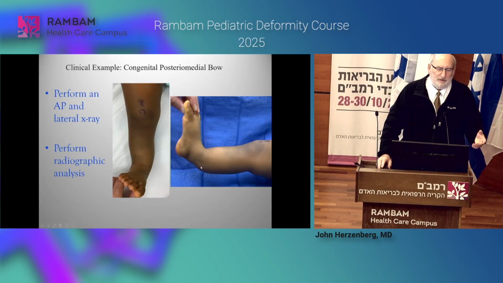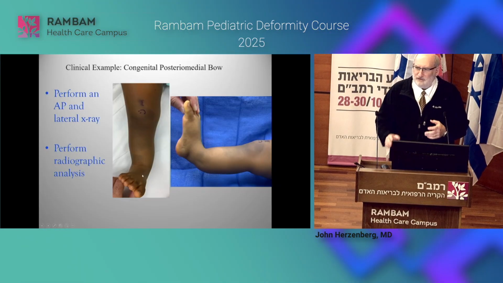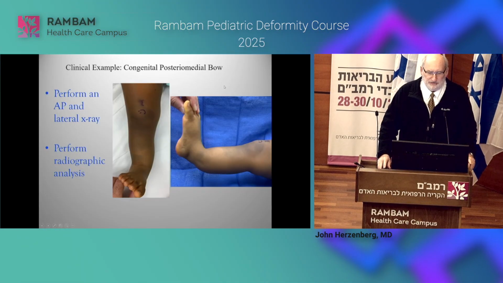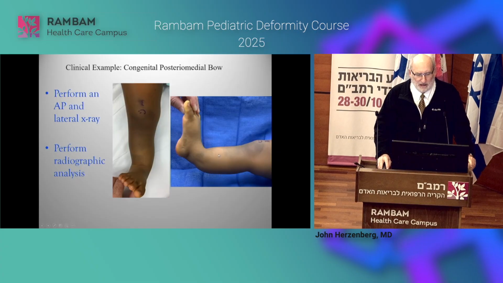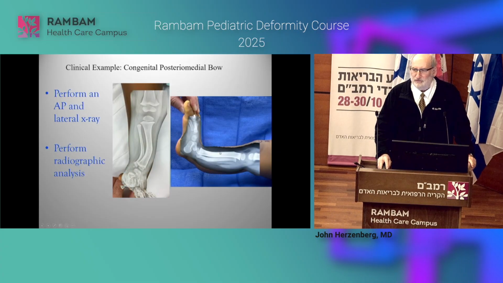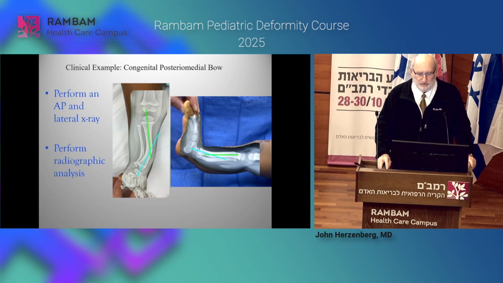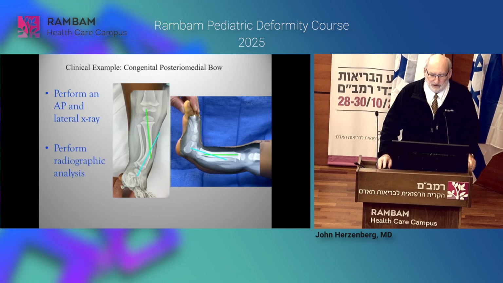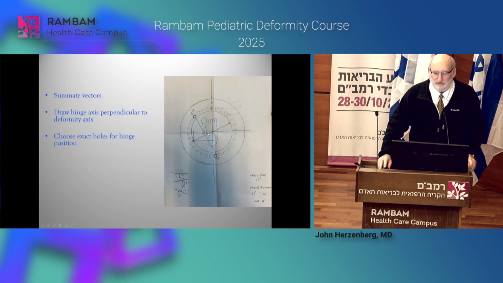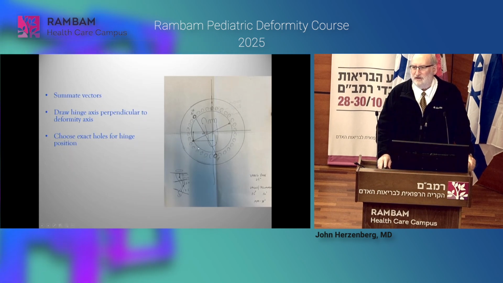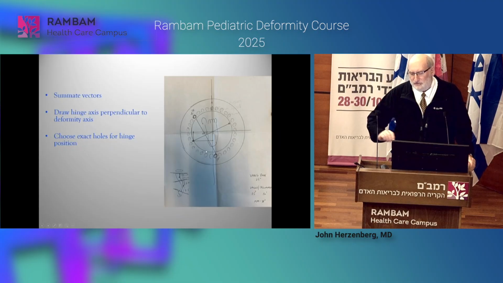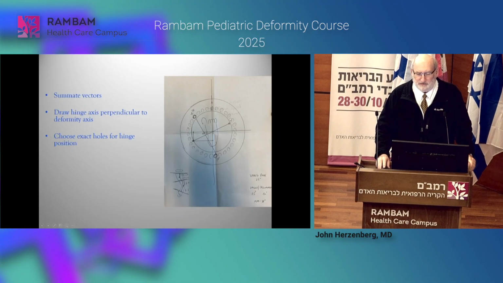Now, why do I still do this? Well, on a really small leg, like this child with a congenital posteromedial bow, where there's maybe not room for the hexapod frames, I'll still use the Ilizarov frames. And so it's useful, for example, to know that in this congenital posteromedial bow, we've got apex medial deformity and apex posterior deformity, and literally this is how we draw these things in the OR during the operation, and we can set up our frames.